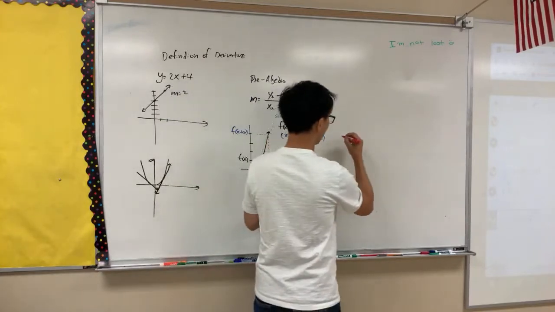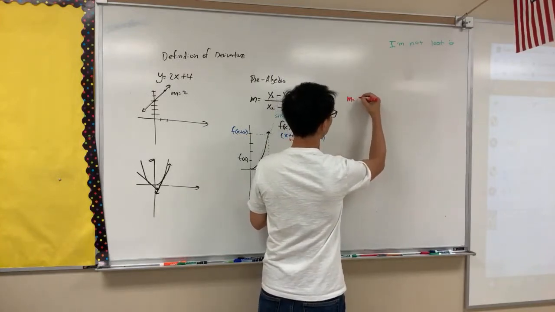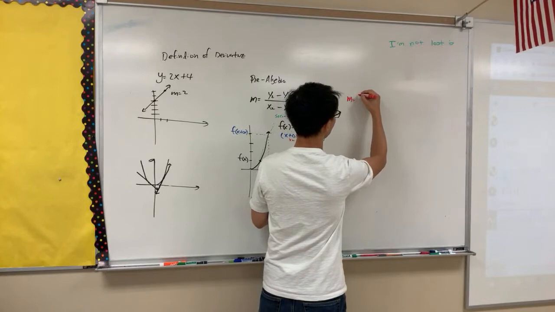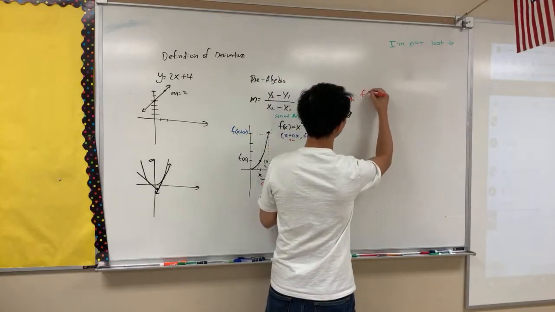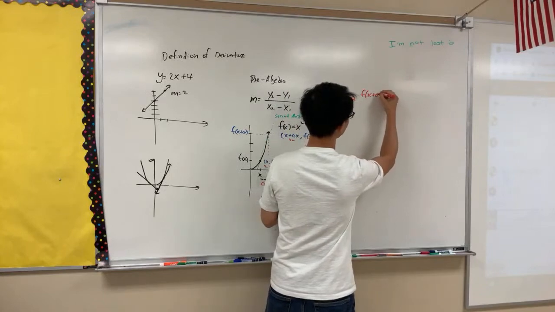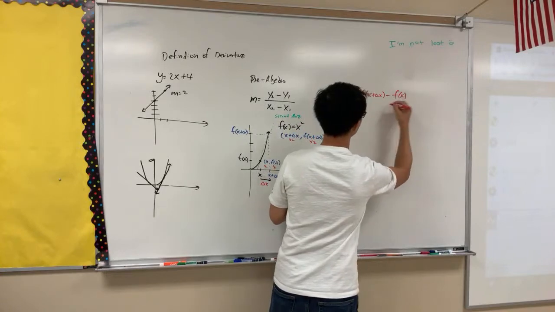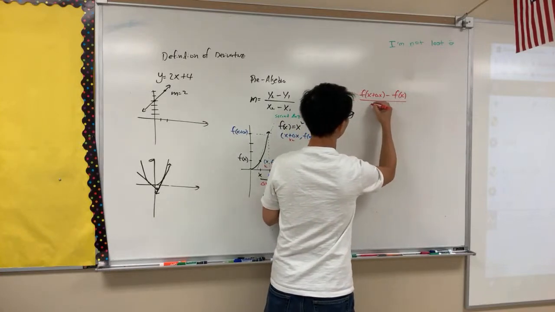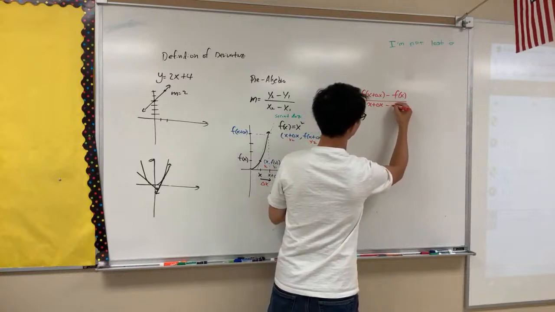So we're gonna say m is equal to f of x plus delta x minus f of x, over x plus delta x minus x.